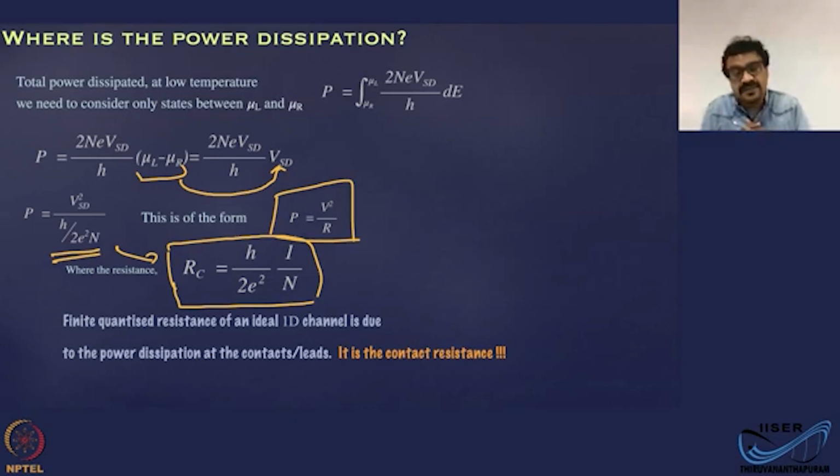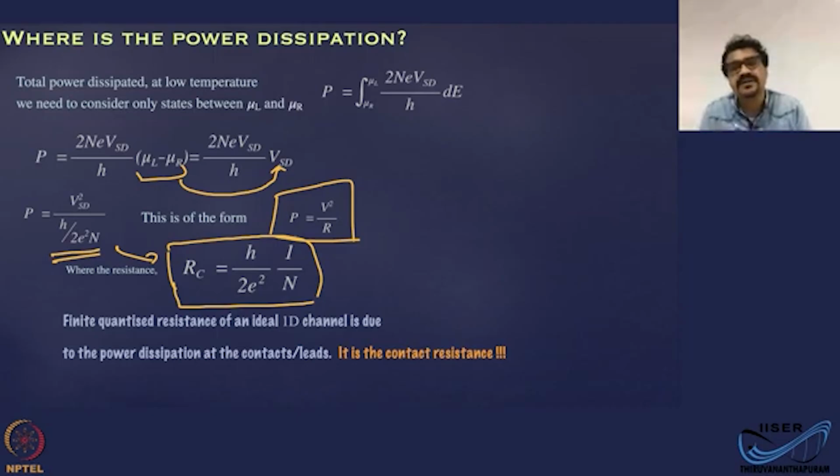If you consider this problem conceptually, there are states propagating through the channel, but none of these states are backscattered in the channel. The propagation through the channel is streamlined, and these states are orthogonal, so there is no scattering between the states either.